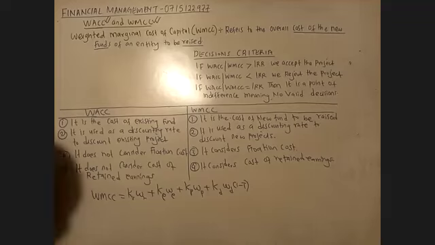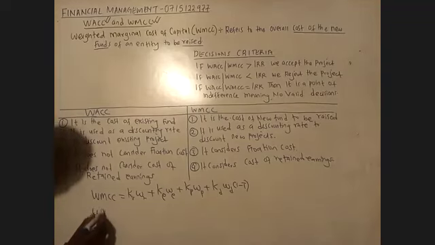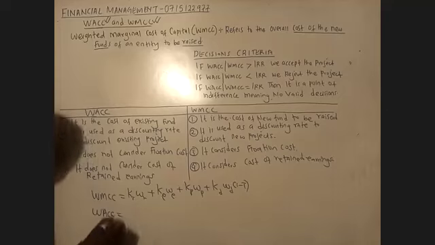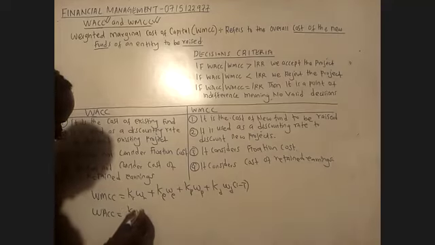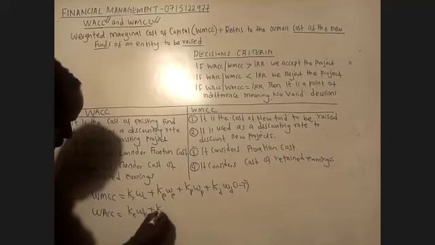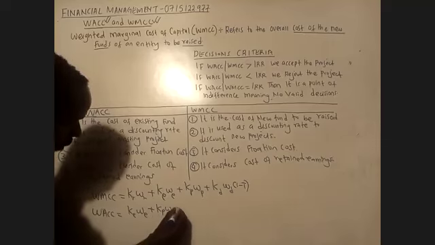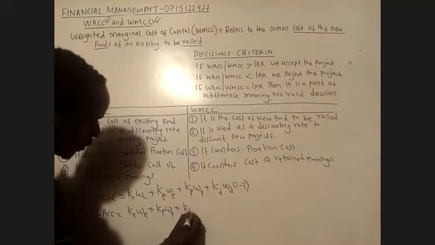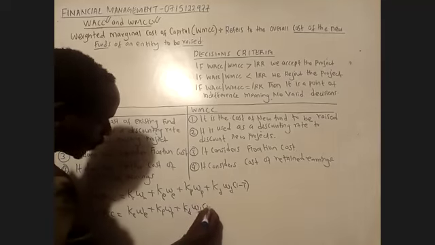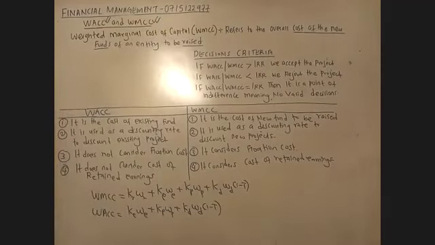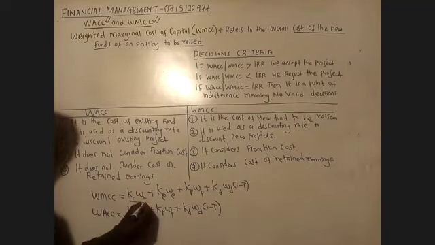Ukiangalia na WACC, let us move right for WACC. Tumeandika pale juu, we said WACC is KE weight of E, KP weight of P, KD weight of D, 1 minus T. Now, the only difference is this item.